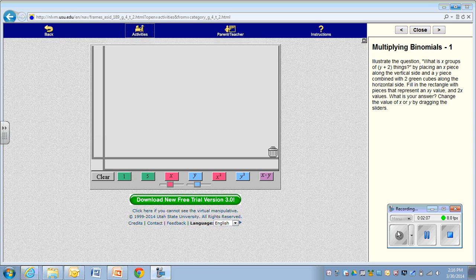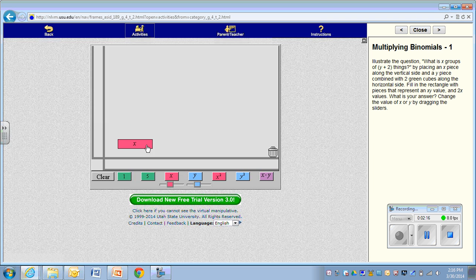Okay, this time I'm going to use some monomials instead of just numbers. So I'm going to do x, which is a monomial, times 2x. When I drag my x over here, it will automatically flip for me. All right, so I'm doing x times 2x. So like before, I was doing 5 times 1 and then 5 times 1.